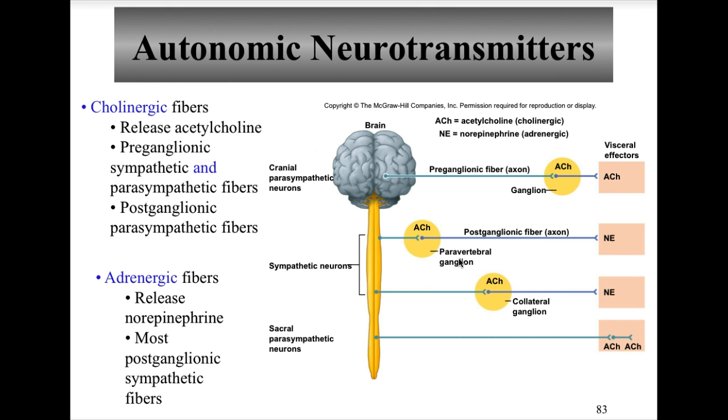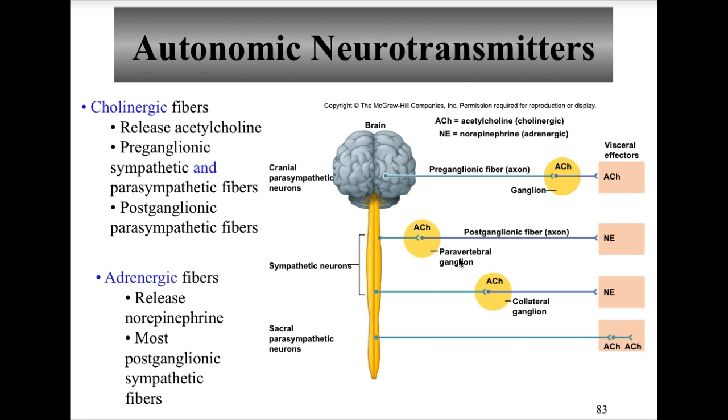So, actions of the autonomic neurotransmitters. Basically, it is a receptor present in the cell membrane of an effector, and it's going to recognize its neurotransmitter, allowing for a response to occur within the effector. So you could see the two different ones there and what they are doing.